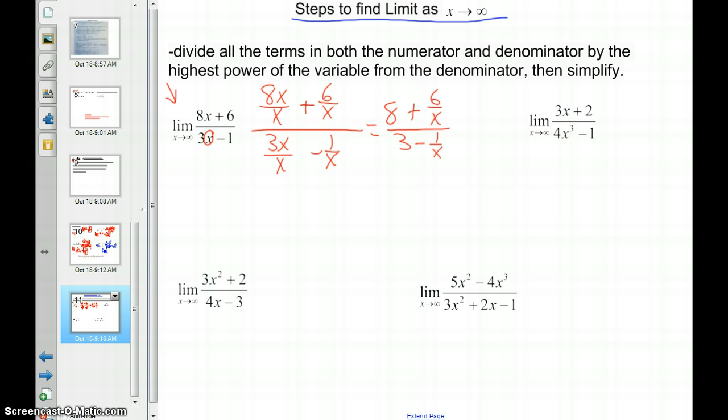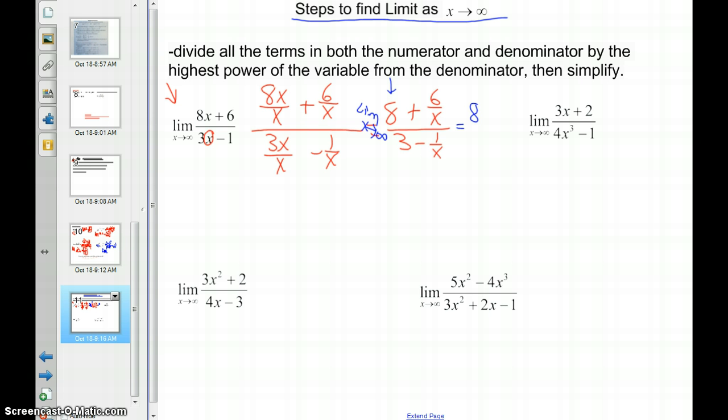So now we're going to take the limit as x approaches infinity. As x approaches infinity, what we're going to do is just go term by term. That first term, 8, has nothing to do with x. As x gets really large, that term is just going to stay 8. Plus 6 over x.